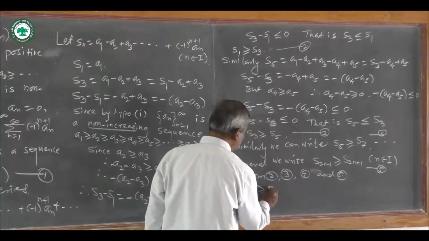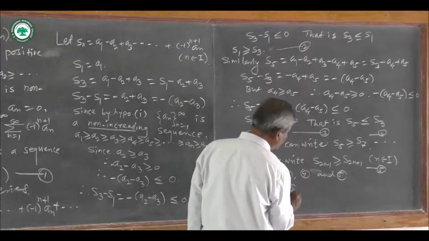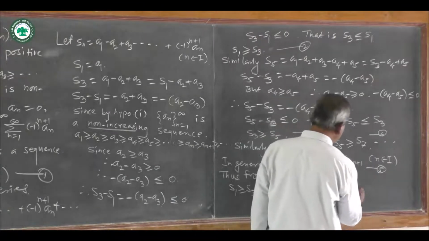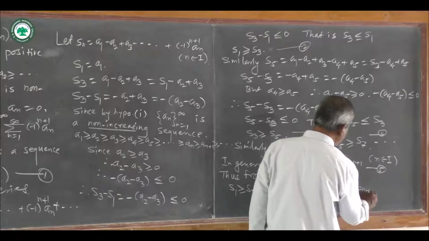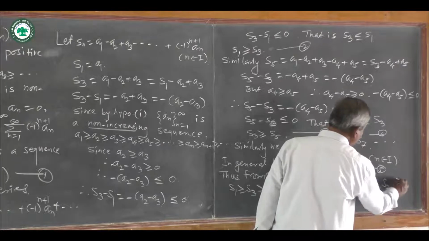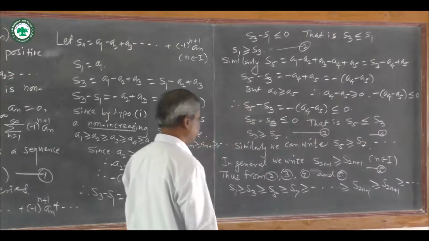S3 is greater than or equal to S5. S5 is greater than or equal to S7. Greater than or equal to, and so on. Greater than or equal to S suffix 2n minus 1. Greater than or equal to S suffix 2n plus 1. Greater than or equal to, and so on.